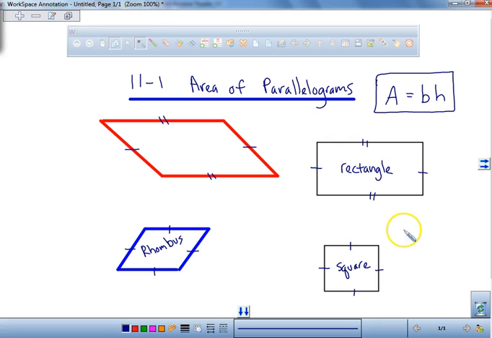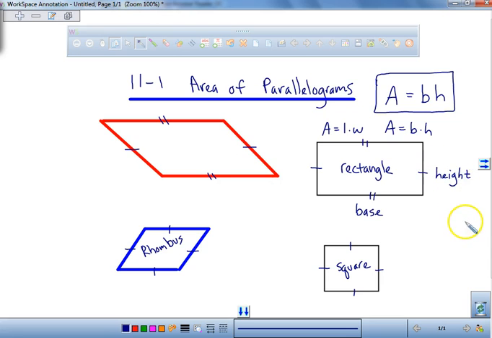Now, in a rectangle, typically that's called length times width. That's what you're used to. Well, length times width is basically the base times the height. If you call this the length, you could also call it the base. If you call this the width, you could also call it the height.